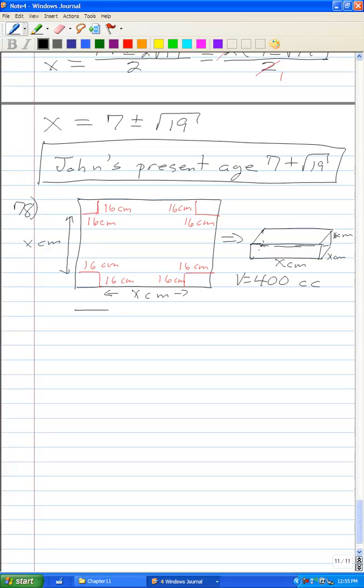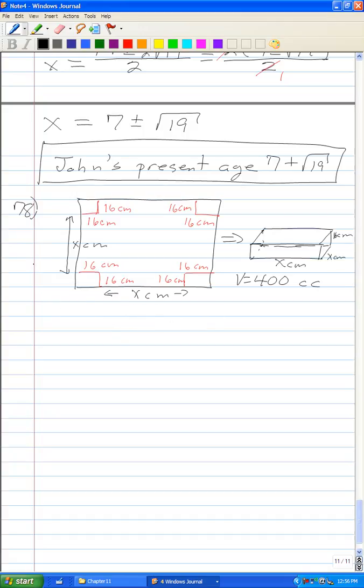Therefore, this whole length is x plus 32 centimeters. And so that's x centimeters. And this whole length here is again x plus 32 centimeters. Okay. Not that it's really necessary. We just know that, but I'm not going to use it, so I won't write it in.